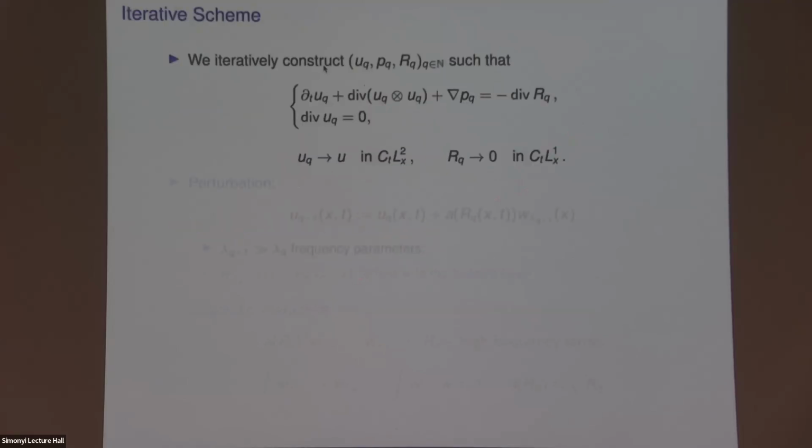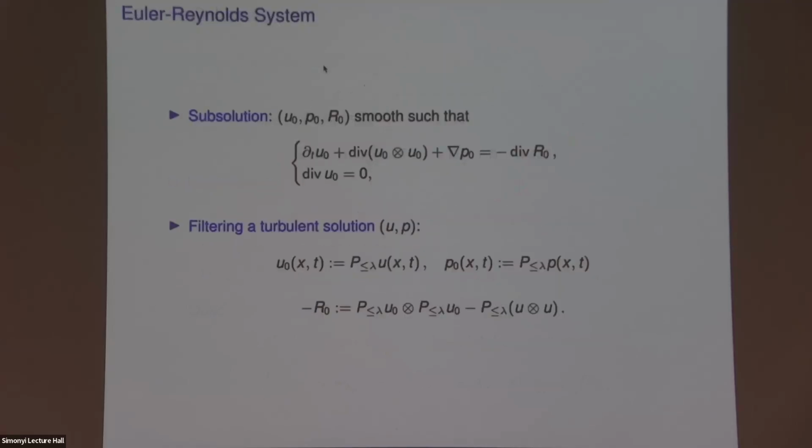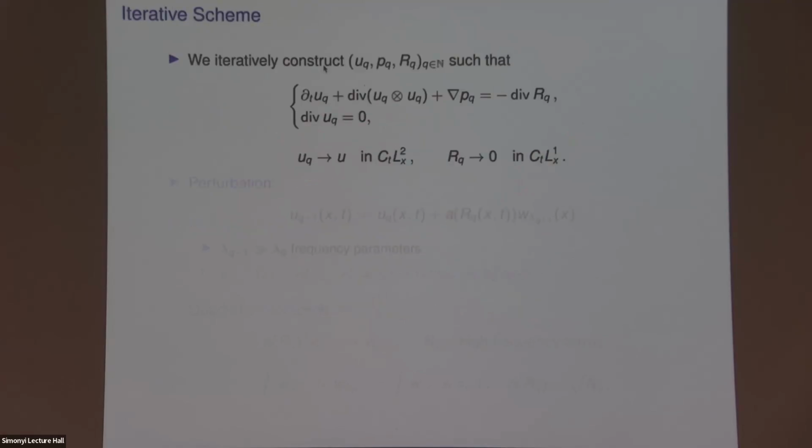And here is the general strategy. So we start from a subsolution, and then we try to define a sequence of smooth solutions to the Euler-Reynolds system. And we hope in the end to show that the error term R_q is converging to zero in some topology. This is just a possible choice.